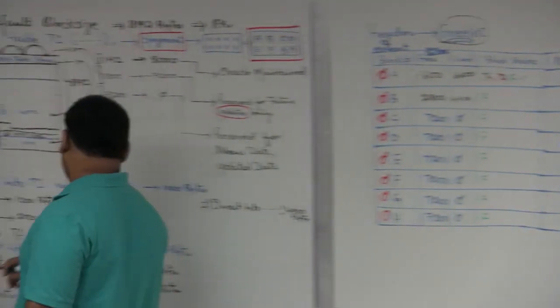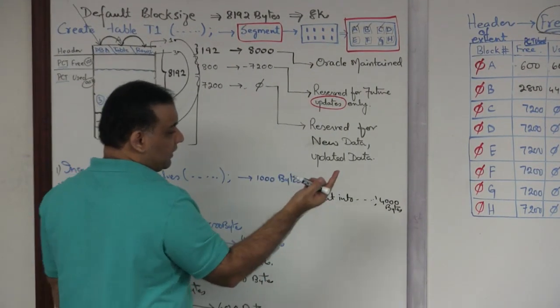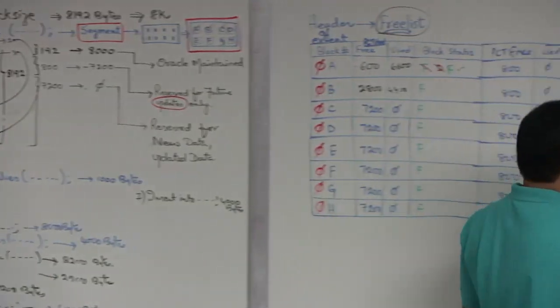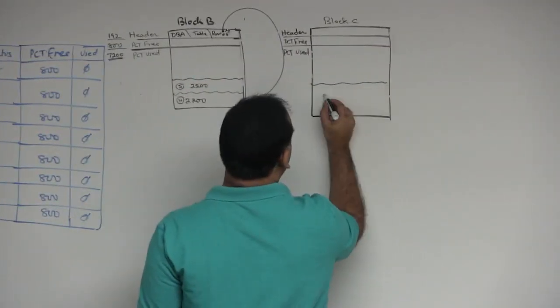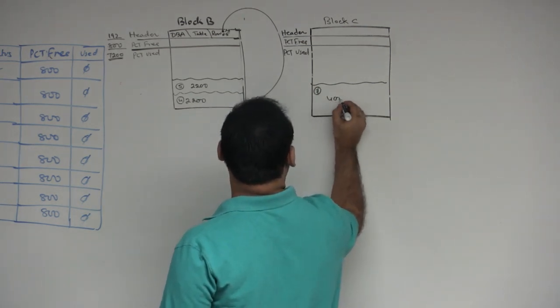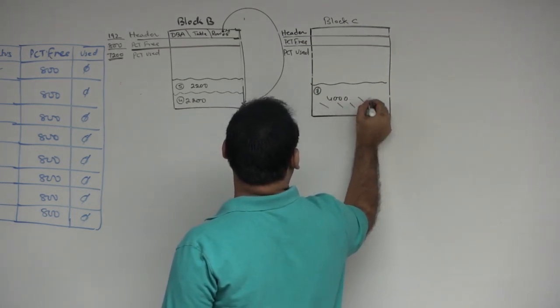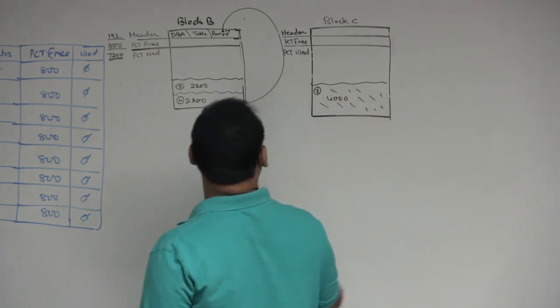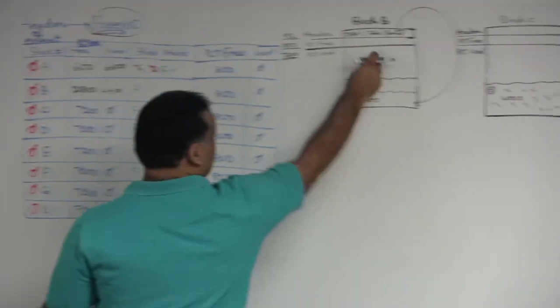Now at this point we are using 4,000 bytes. So 4,000 bytes is occupied by which row? Is that row number 7? So we have all this data that has been used in here. Okay. Now this is still free.